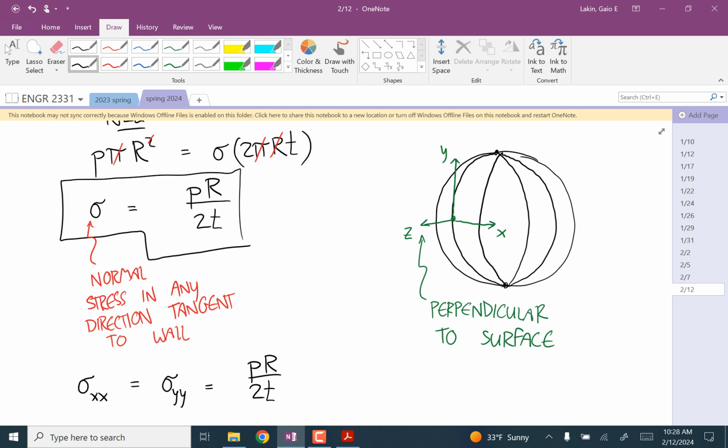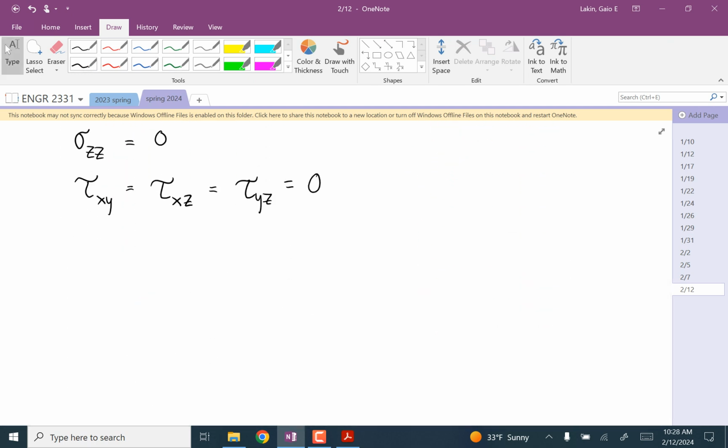So the area of the outer circle would be pi r squared.